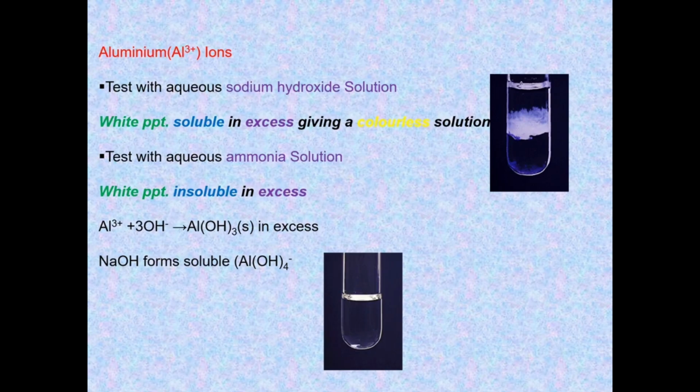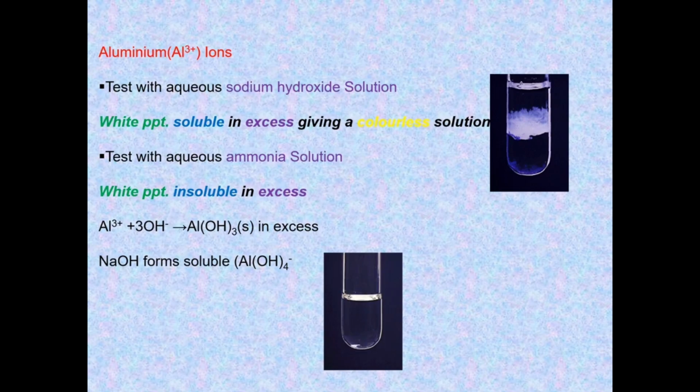The only ions that give you a complex ion are zinc, copper and cadmium. But to be on the safe side, just know it's zinc and copper. Zinc and copper form a white precipitate when you add ammonia solution, but when you add excess ammonia, it dissolves. But aluminium dissolves in excess sodium hydroxide, not in excess ammonia solution.